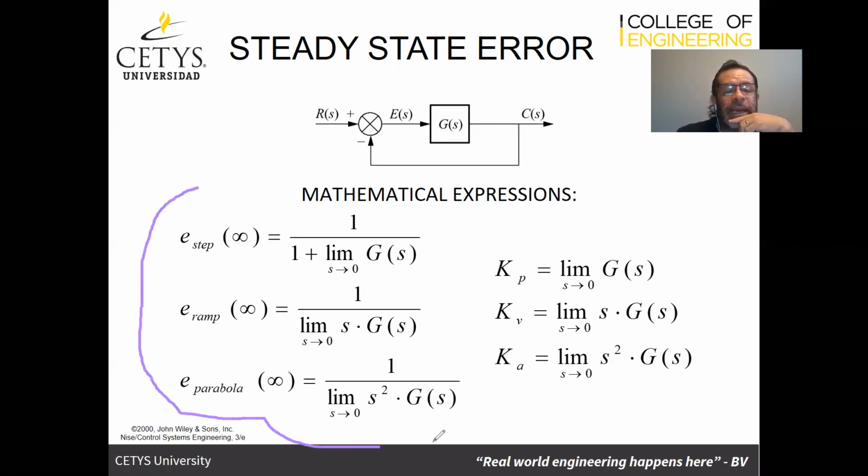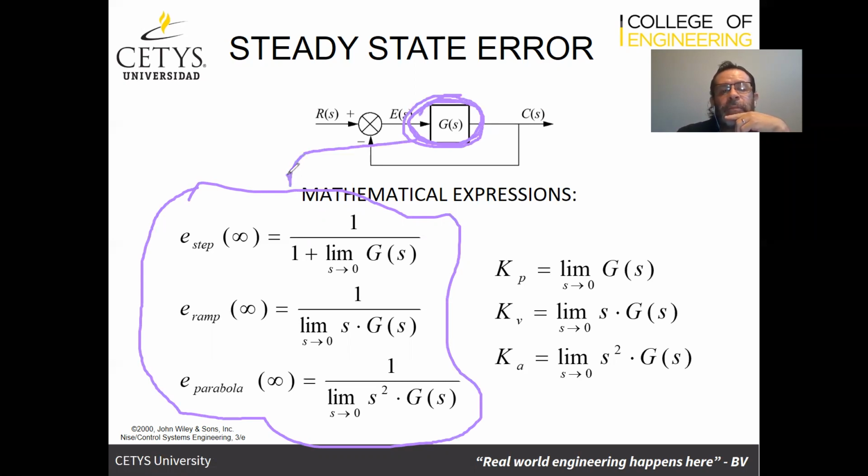The steady state error given the transfer function, and actually we only need this part of the transfer function to be able to talk about the steady state error. And we can find the value of that steady state error using any of these three mathematical expressions or limits.